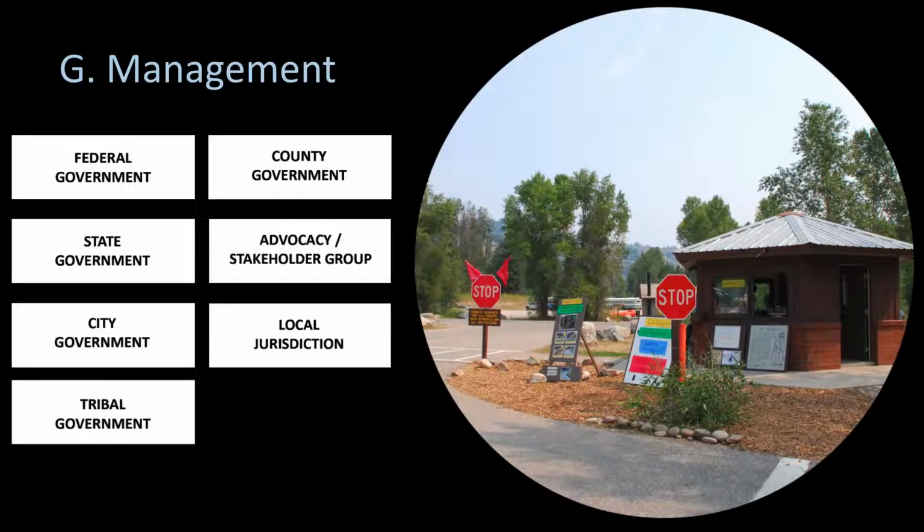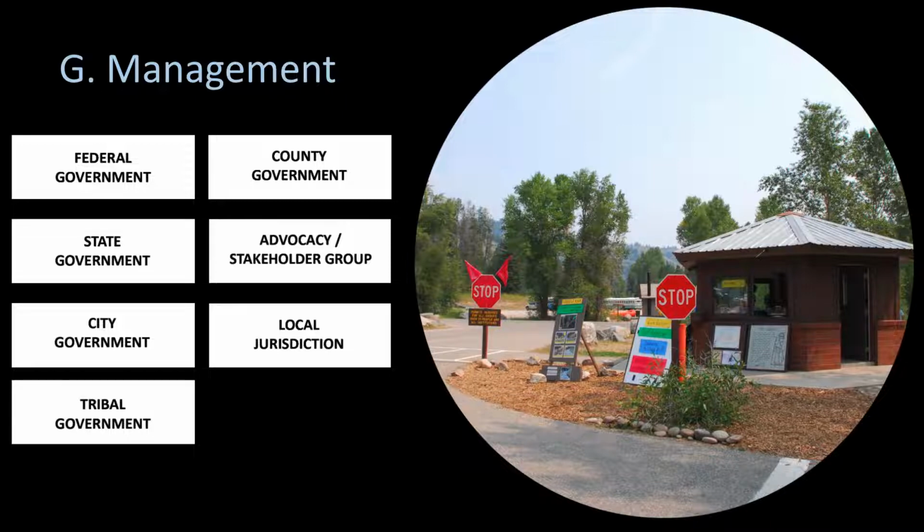And that second worksheet has a series of questions that we hope would guide folks in thinking through some of this. And finally, in terms of these core elements, I'm going to focus on management here: who is managing the site, who's the land manager, and what's their level of involvement and engagement.